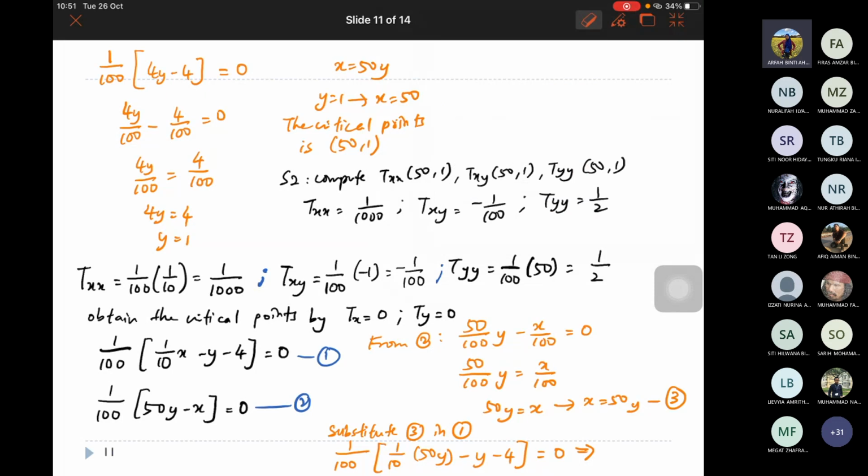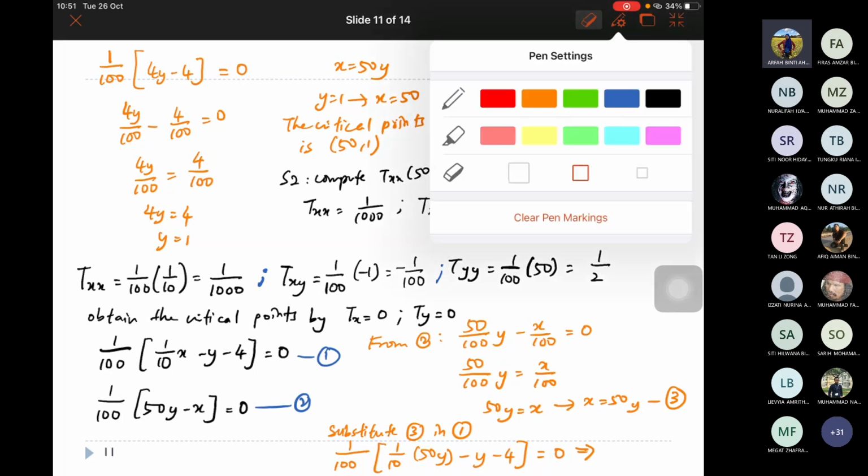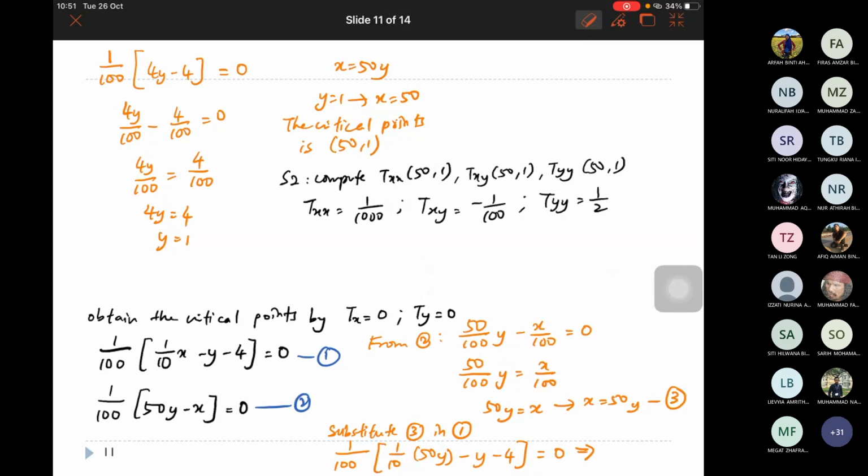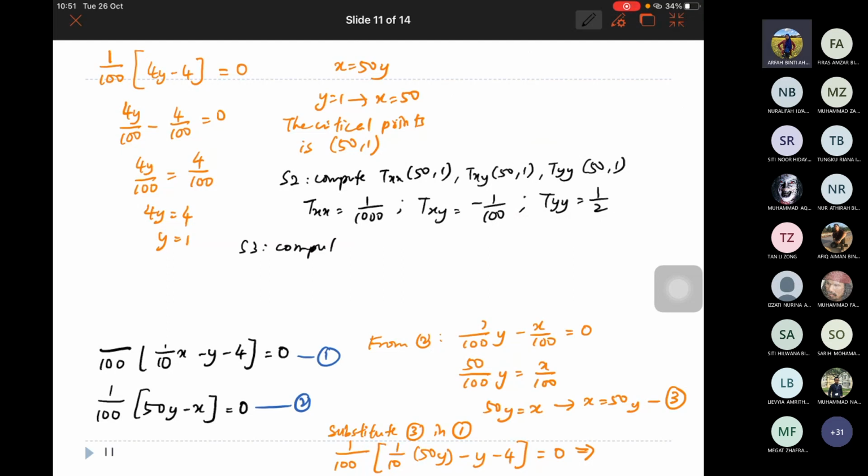So daripada sini, step ketiga baru compute GB. So step ketiga, compute G51. That is G51 sama dengan TXX 1/1000, TXY -1/100, -1/100, TYY 1/2. Okay.